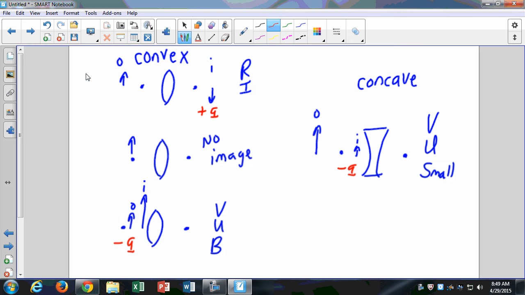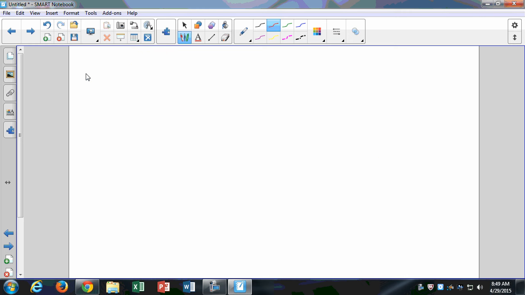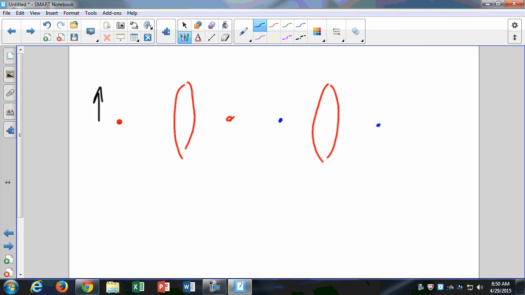All right, you will have a two-lens system. In that, you have two sets of focal points. If I have an object out here, my image looks like that, and this distance becomes the object distance for the second lens.